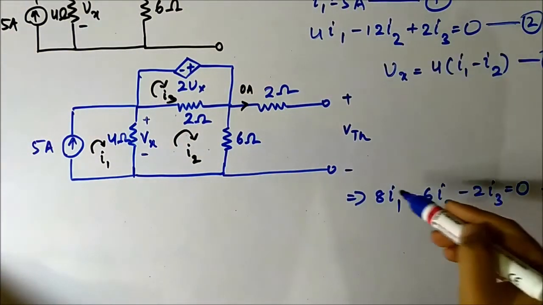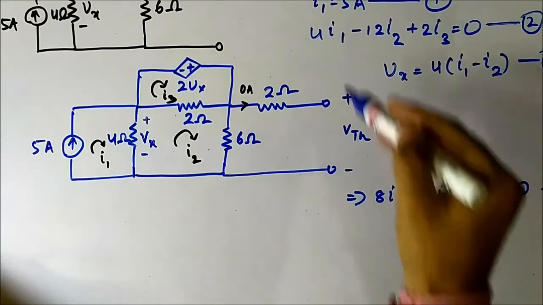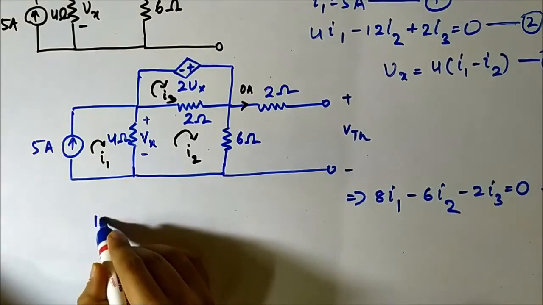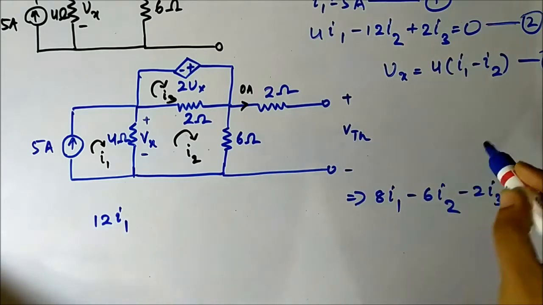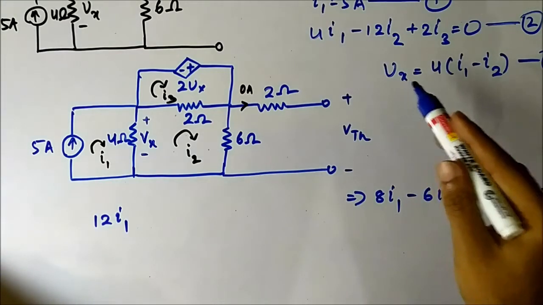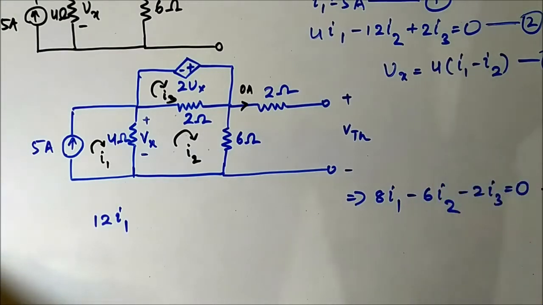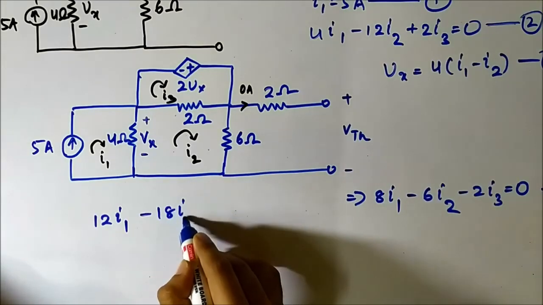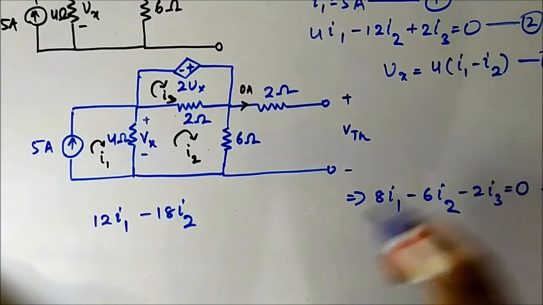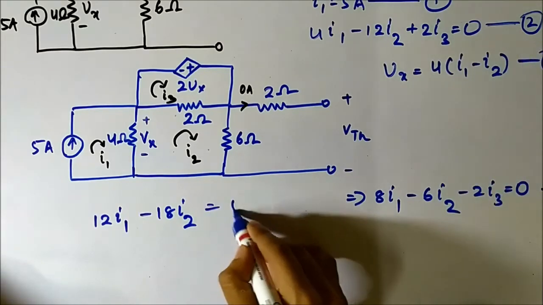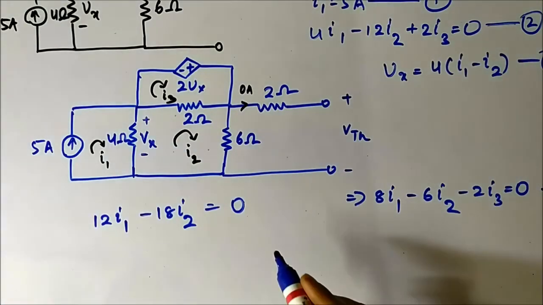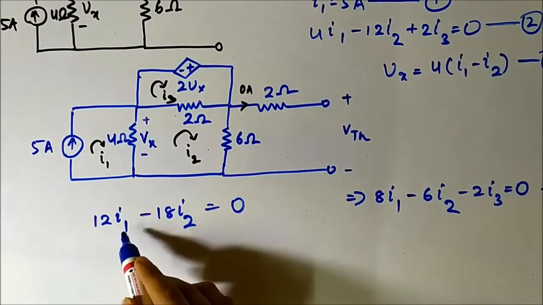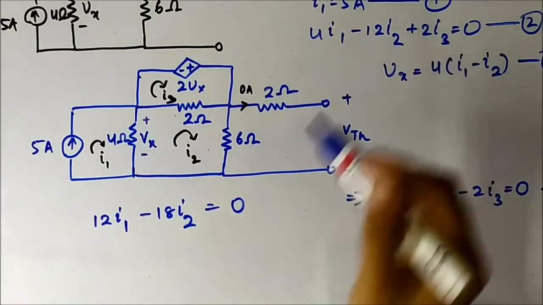So if we add them, it becomes 8 plus 4, 12 I1, and minus 12 plus minus 6 is minus 18 I2, and this is 0. 12 I1 minus 18 I2 is equal to 0. The value of I1 is 5.